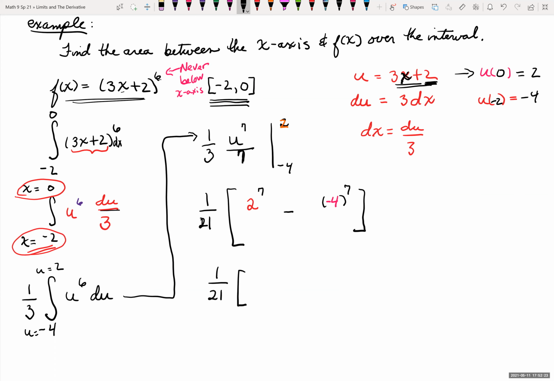Well, 2 to the 7th, 2 times itself 7 times, is 128, minus -4 to the 7th. Well, a negative raised to an odd power is negative, and that will give us negative 16,384.